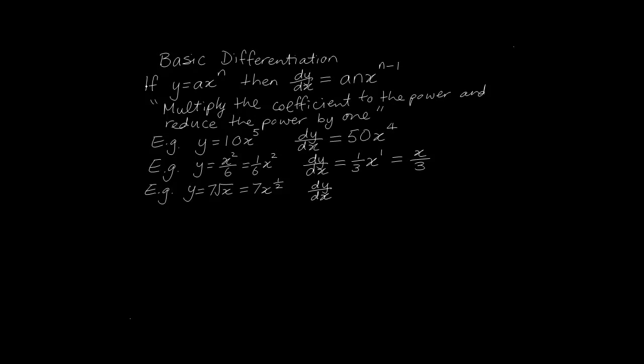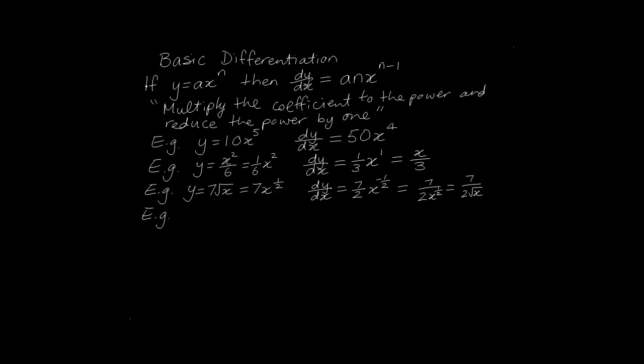Dy dx will be 7 times a half, which is 7 over 2, and then x to the power of 1/2 minus 1 is -1/2. And I can use my index rules again to make this into a simpler form. 7 over 2 times x to the power of a half, and I could even then write it as 7 over 2 times square root of x.